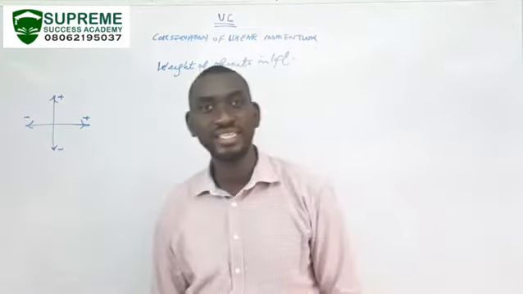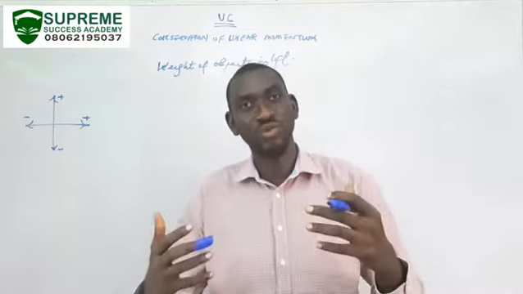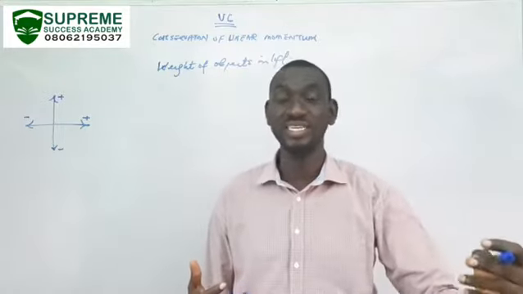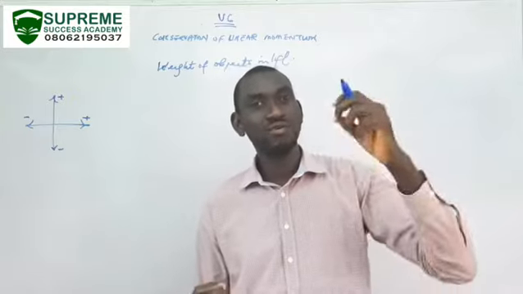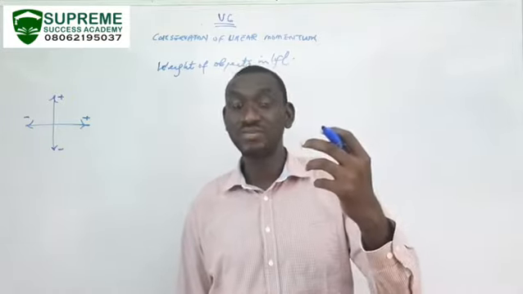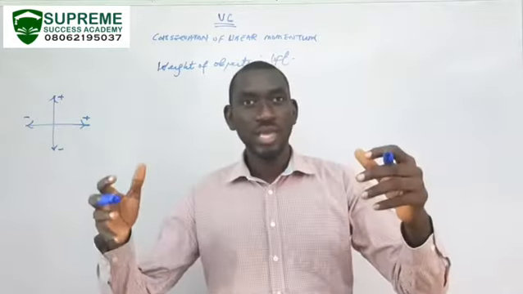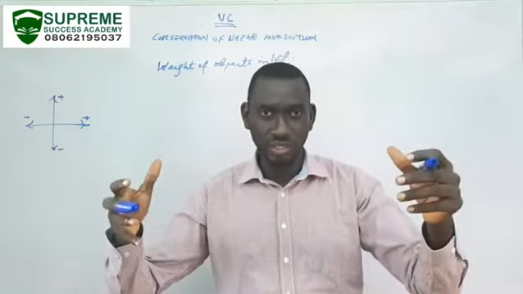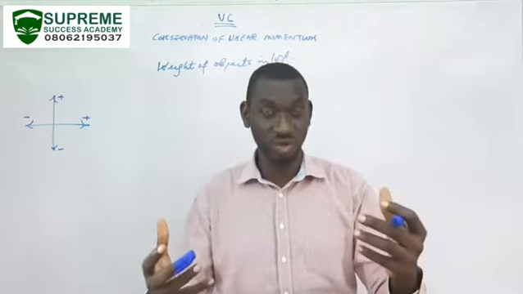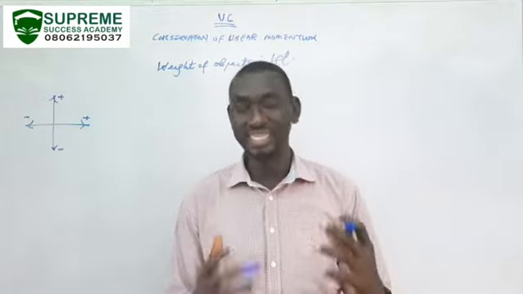If your weight is 80 Newton, you enter a lift and the lift is moving up, your weight is not going to be 80 Newton again. Your weight will be a function of the acceleration with which the lift is moving up. We call it an apparent weight. If the lift is coming downward, your weight is also going to be different from when the lift is moving up.